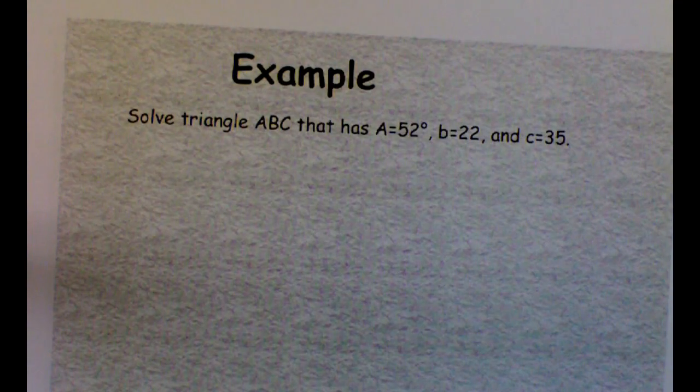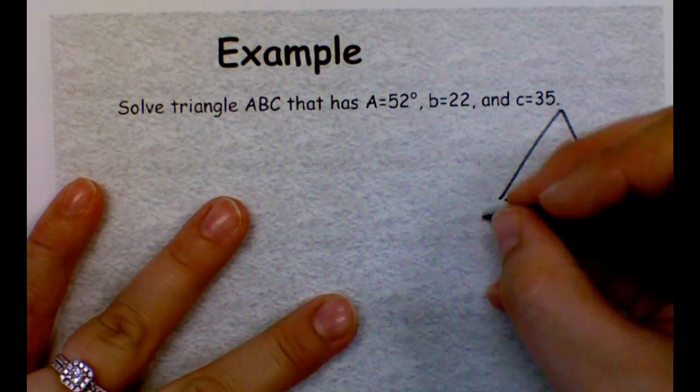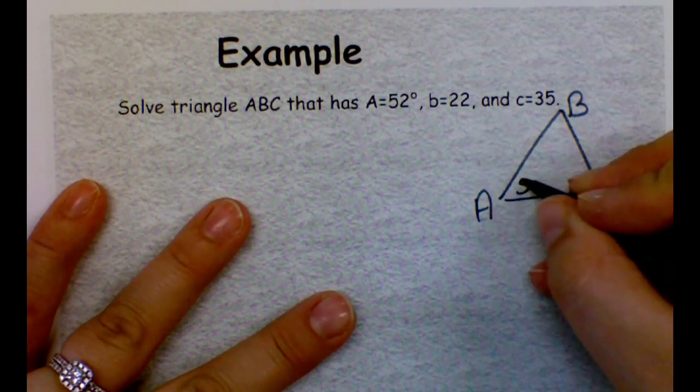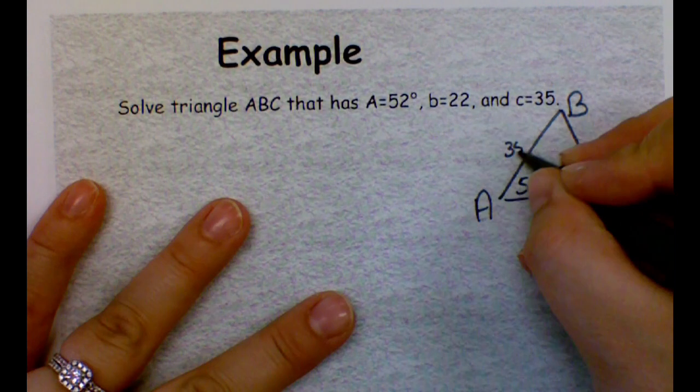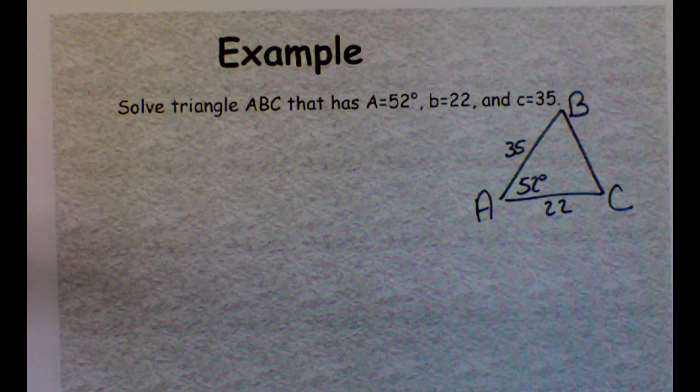All right, this one we're given a little different information. Let's draw a picture. All right, if you are given side angle side in a triangle, you need to start by finding that third side.